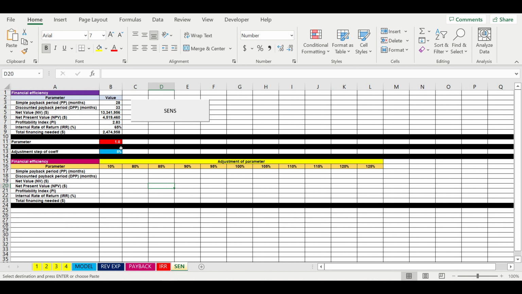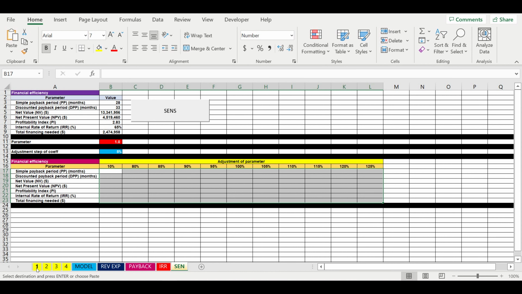Here we have the grid where we change the parameter that we want to dive into, and then we get the financial efficiency values by pressing the sensitivity button, so we can link sensitivity analysis to any input in our model. I will be showing you how we can do that.